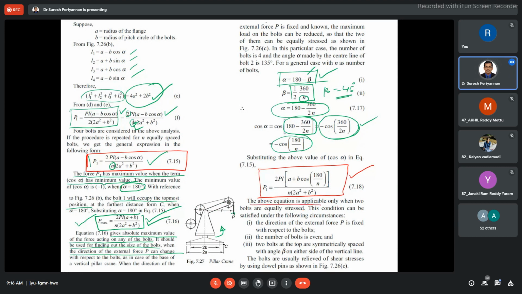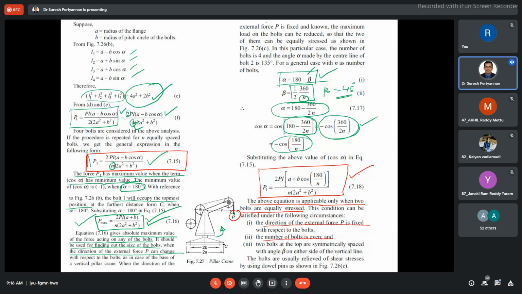This equation is applicable only when the bolts are equally stressed, and the external force P is in a fixed position, so the crane will not rotate. This is what we are considering. The direction of the external force P is fixed with respect to the bolt, and the number of bolts is an even number.